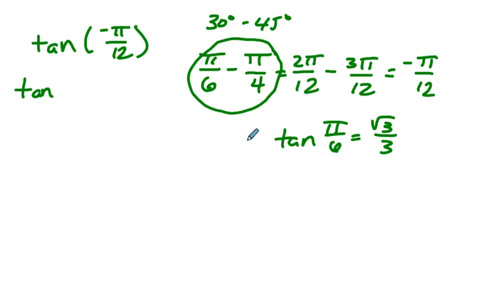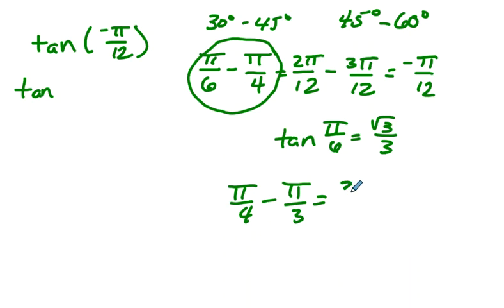So maybe instead of 30 minus 45, maybe I want to do 45 minus 60, which in radians would be pi over 4 minus pi over 3. That still would give me 3 pi over 12 minus 4 pi over 12.